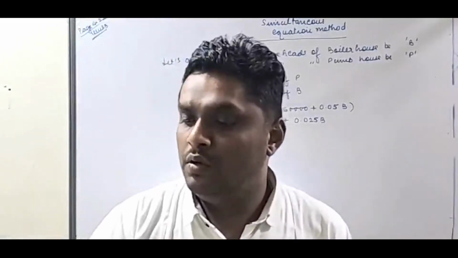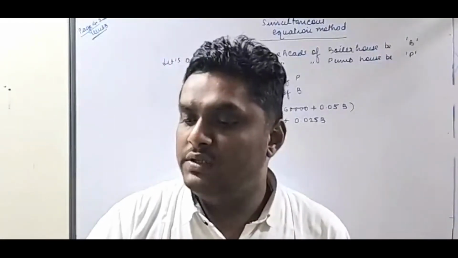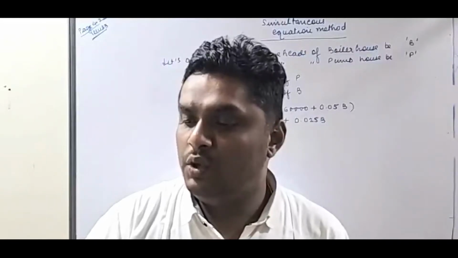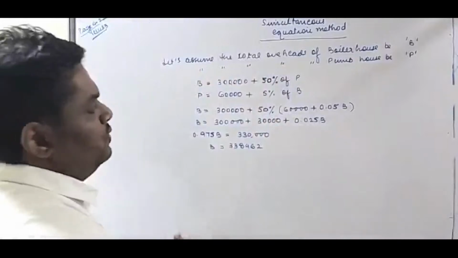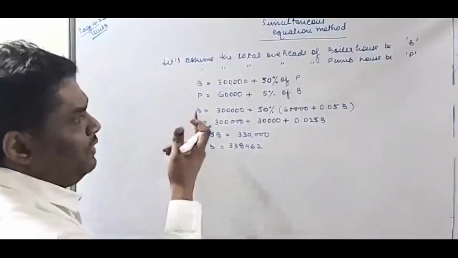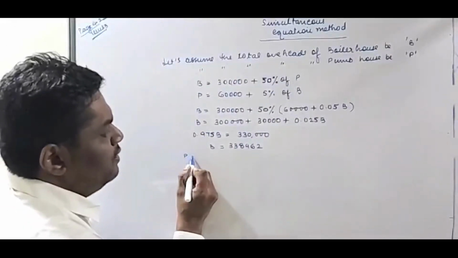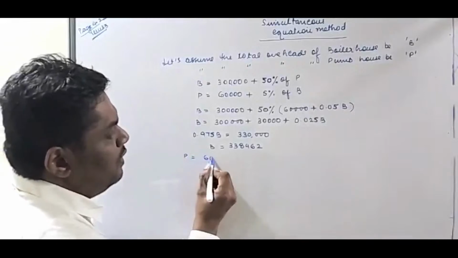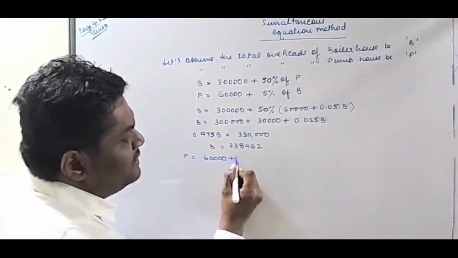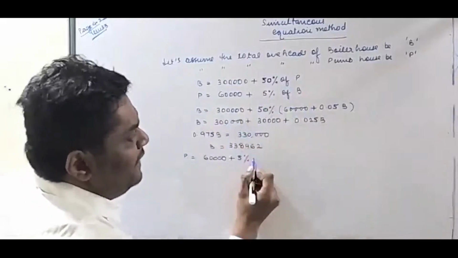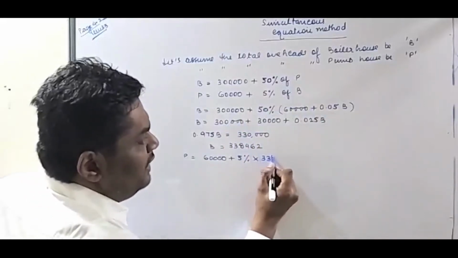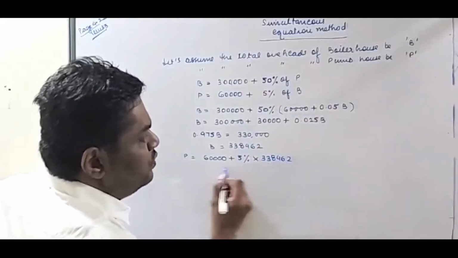338,462. If you guys have any doubts in this part, you can please post your query. 338,462. So now we can calculate the value of P easily. So P will be equal to 60,000 plus 5% of B. And we have already calculated that, it is 338,462.